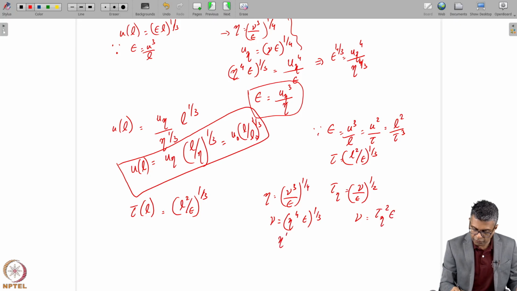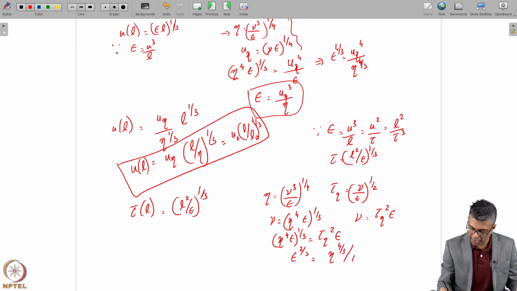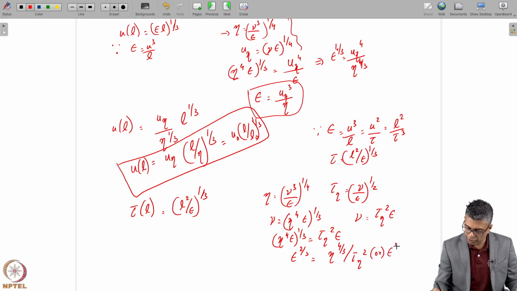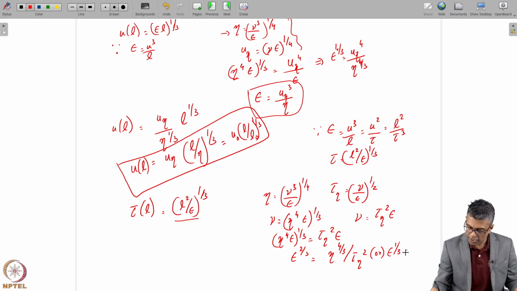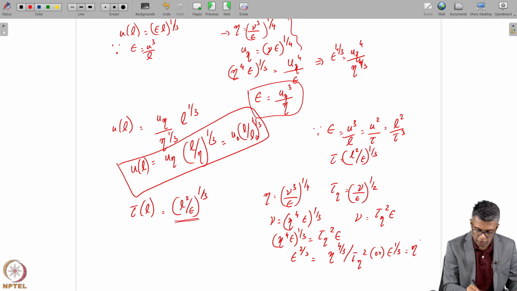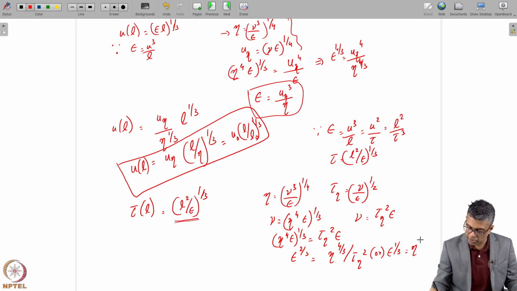So then eta^4 epsilon^(1/3) is equal to tau eta squared epsilon, which means epsilon^(2/3), isn't it, is equal to eta^(4/3) divided by tau eta squared, or epsilon^(1/3). I'm going to leave it like that because I have epsilon to the 1/3 here. Epsilon^(1/3) is eta^(2/3) divided by tau eta.